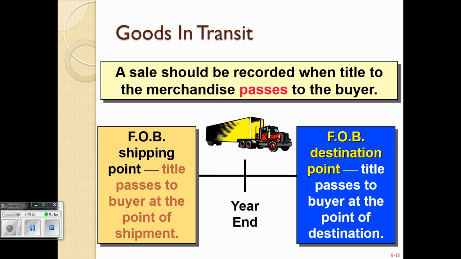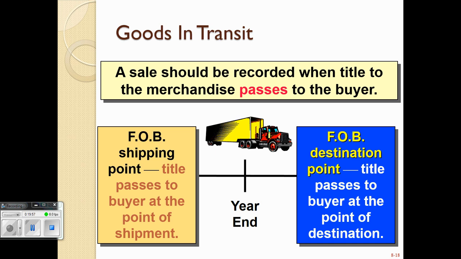If that's the case, let's suppose they're shipping goods to me. They're on a truck in the middle of Kansas. I'm waiting for them here in Virginia. Even though they haven't gotten here yet, because they're mine at the shipping point, let's suppose San Francisco, I have to include the value of those goods on that truck on my balance sheet. If, on the other hand, it says free on board destination, they're not mine until they get to my dock.